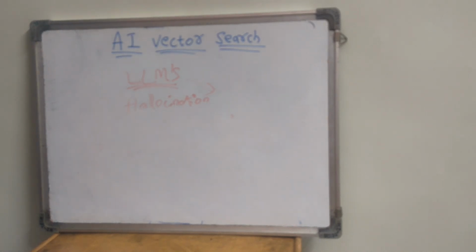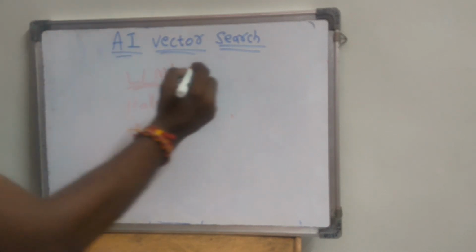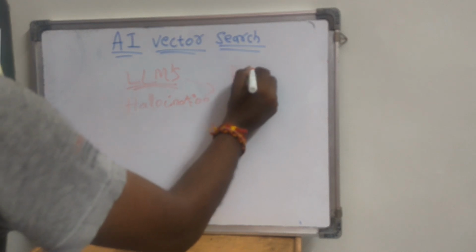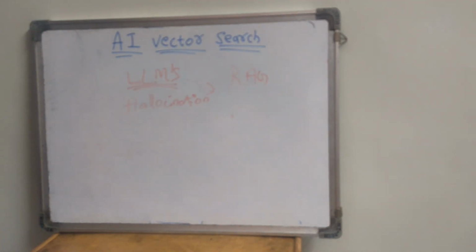Here we can build trust in the answers we get from an LLM using a technique called RAG. RAG is nothing but retrieval augmented generation. When we use the RAG technique, the job of the vector database is essentially to help the LLM by providing private business documents.